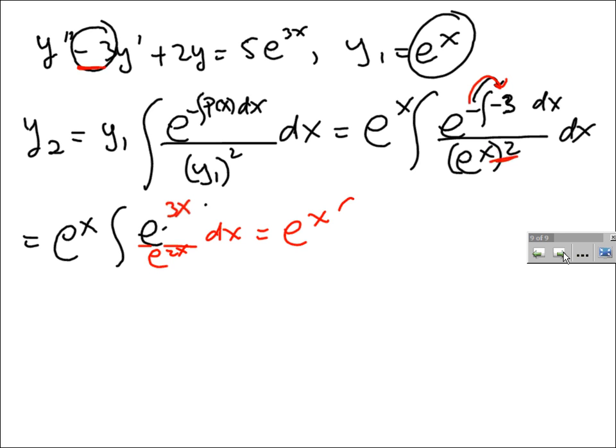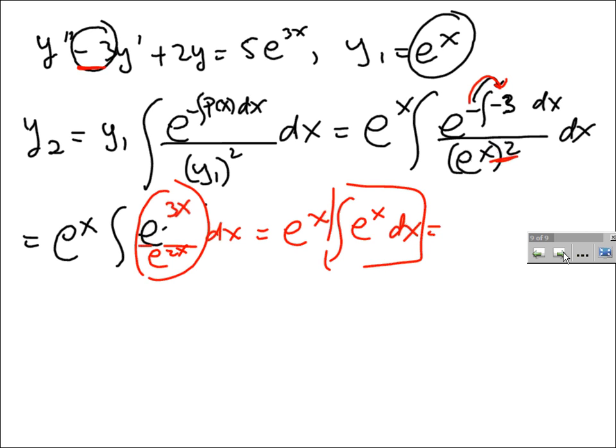So it's e to the x times the integral of this. But that division is just e to the x. And the integral of e to the x dx is e to the x. Times the e to the x in front, we get e to the 2x.